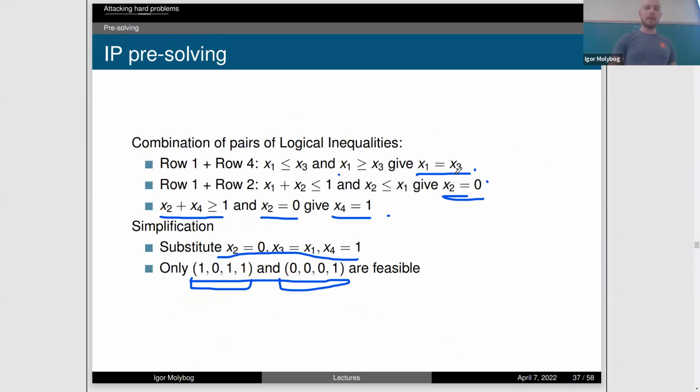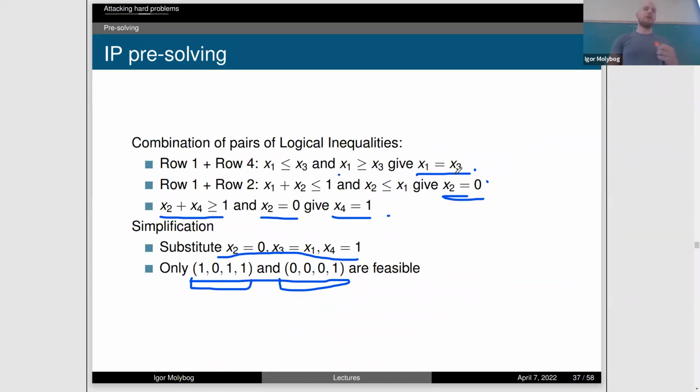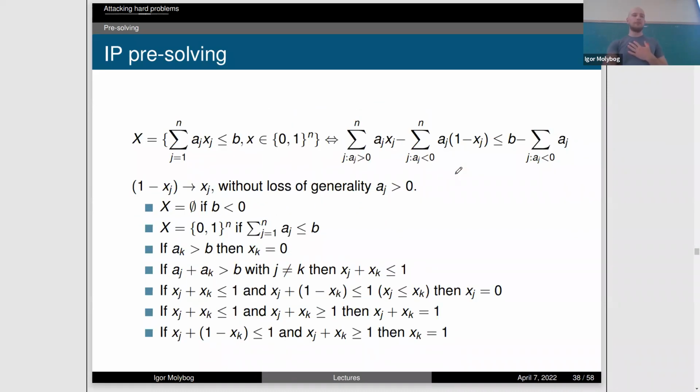So what we are doing here can be put together into a more systematic, more generic way of doing things. Let's say that we have a system of inequalities, Ax less than or equal to b.